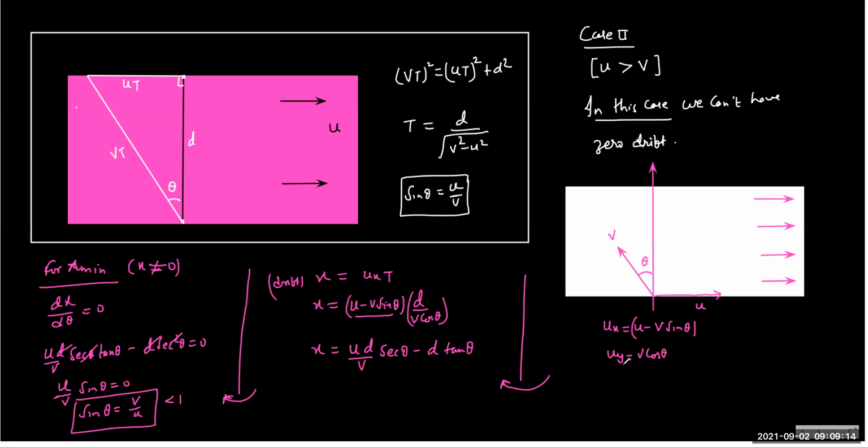So now if you put sin theta equals v by u, then you can get the minimum drift, which is not 0, of course. So let's try to find the minimum drift value.